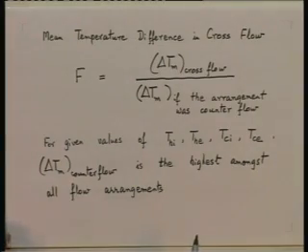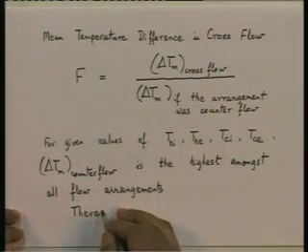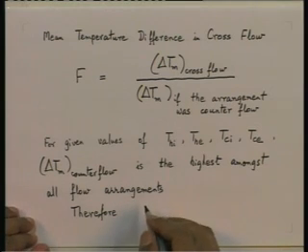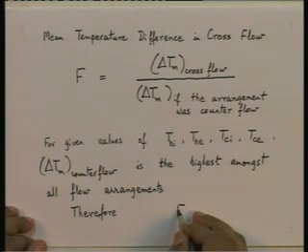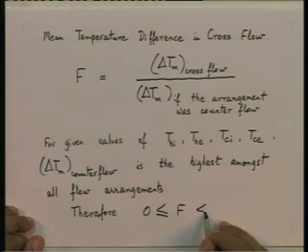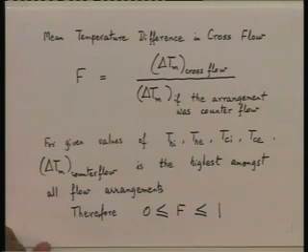Therefore, since delta Tm in counter flow is always going to be the highest, it follows that f, the correction factor which we have defined above, must always be in the range 0 to 1. It must be a number which will range between 0 and 1, 0 less than or equal to f less than or equal to 1, that follows.